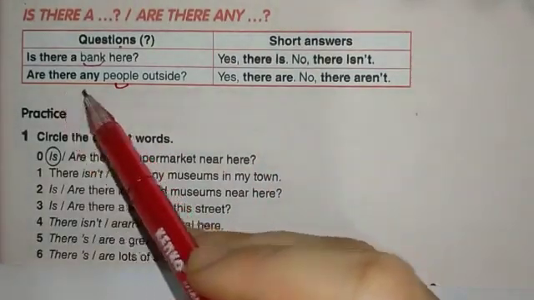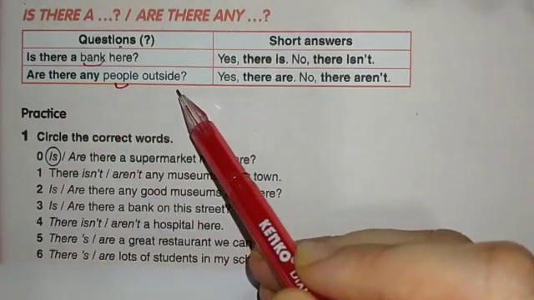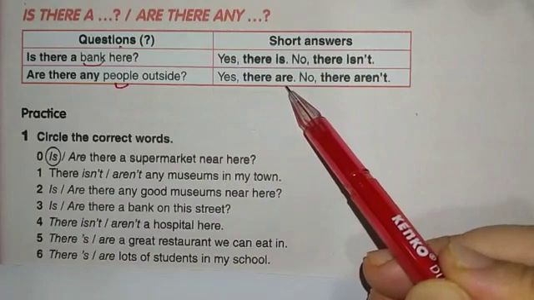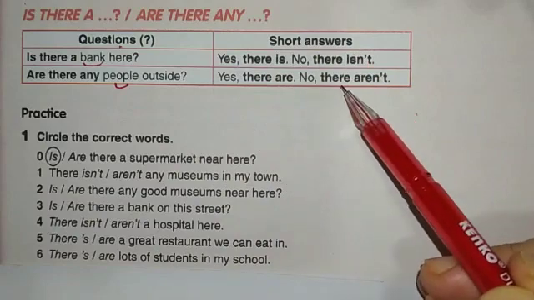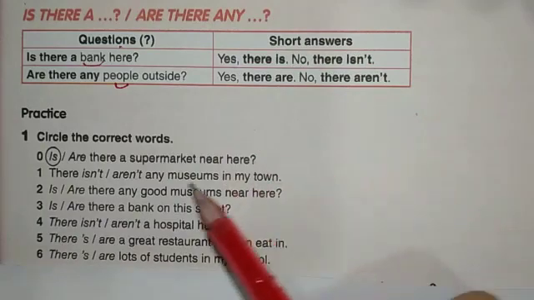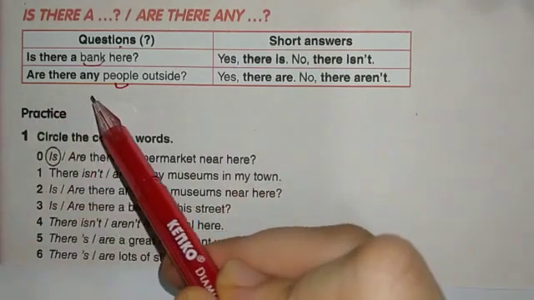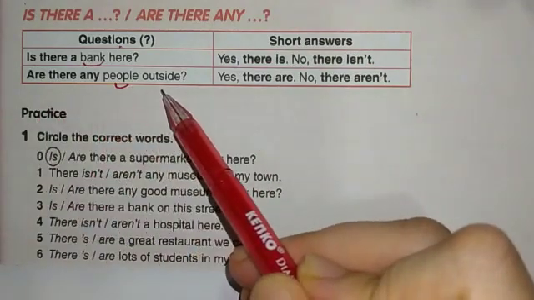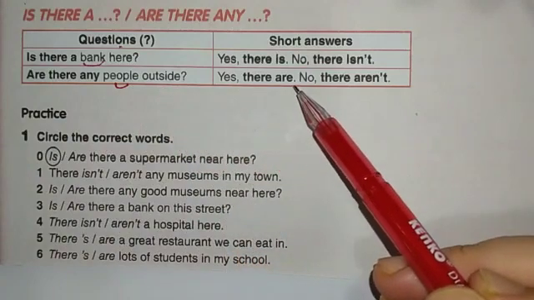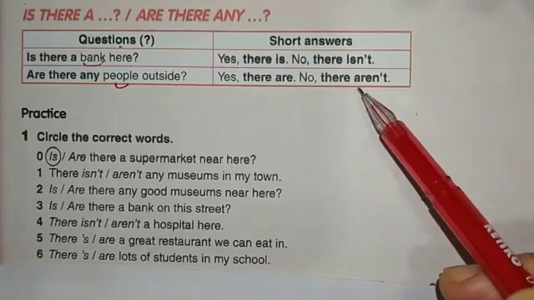And for this question, the short answers will be yes, there are, no, there aren't. So if the question is "Are there any people outside?", the answer will be yes, there are, no, there aren't.